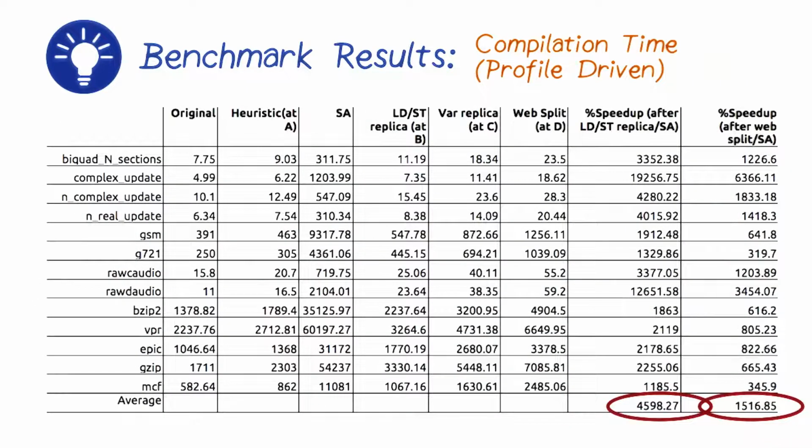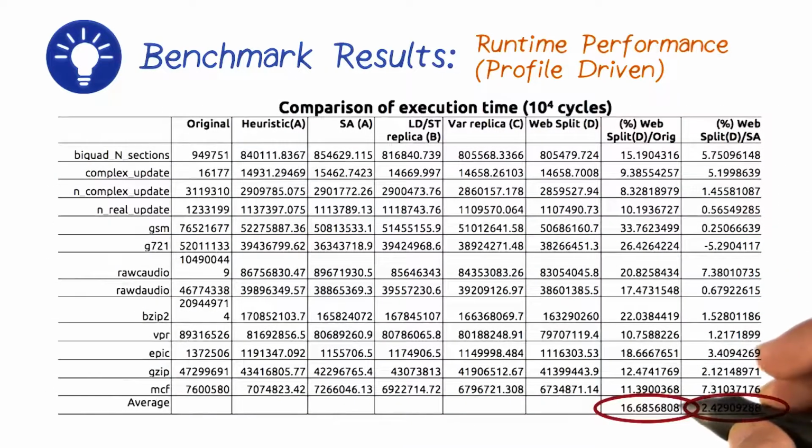So here is the final result. What it shows us is, if we do a profile driven optimization, what is the speed up after doing these different optimizations, and the results are shown over here. And the same results are now shown in terms of the execution time, performance.